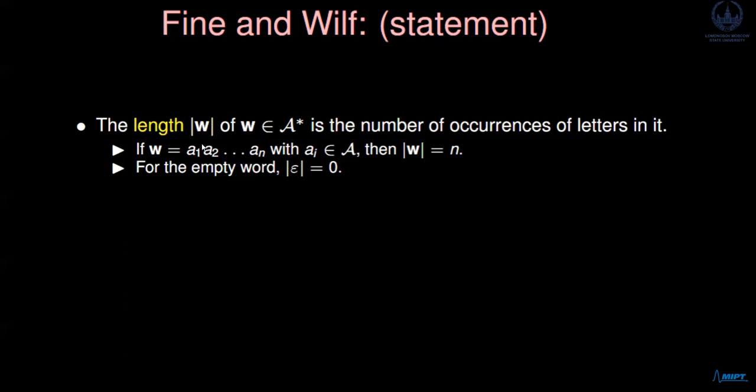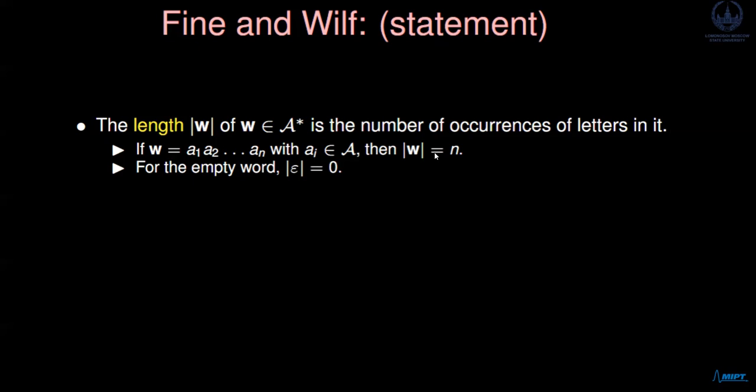If we have a word w defined as a1, a2, up to an, where each a_i belongs to the alphabet A, then the length of the word w is n, as you can see. In other words, the length is just the number of symbols in the word.